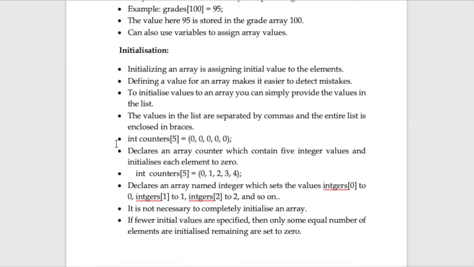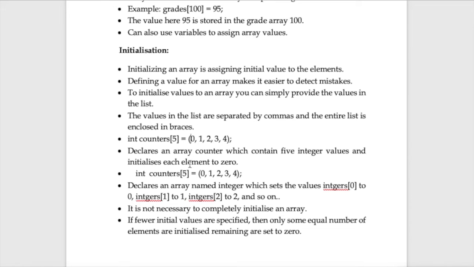So here is an example. int counters[5] equals 0, 0, 0, 0, 0. We will change the numbers to 1, 2, 3 and 4. So this is what we are talking about, that index values are limited by the size in counters[5]. So we are including 0, 1, 2, 3, 4, and 5 is not included because the size is already 5.